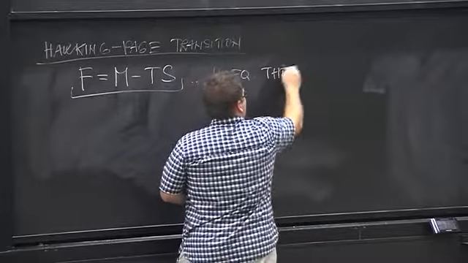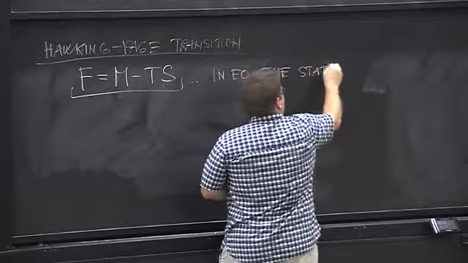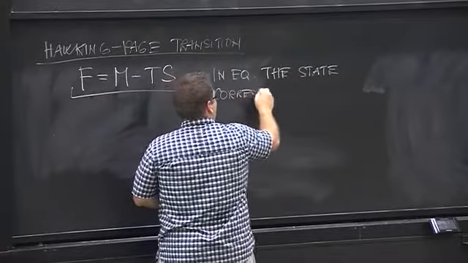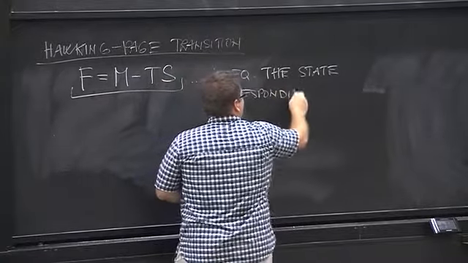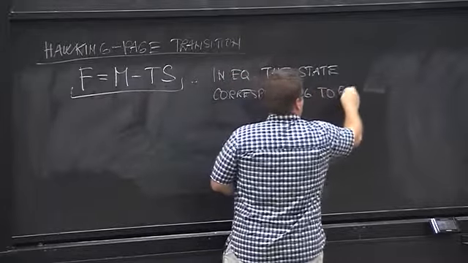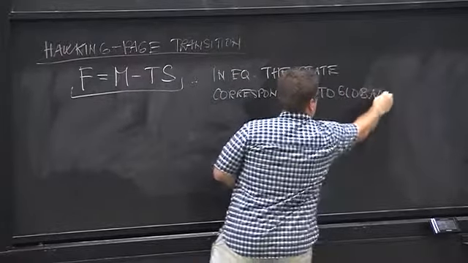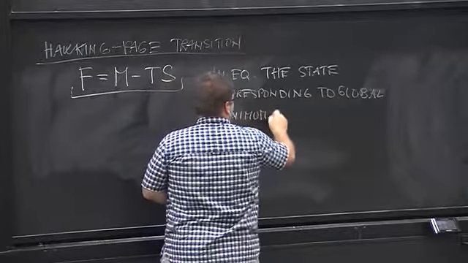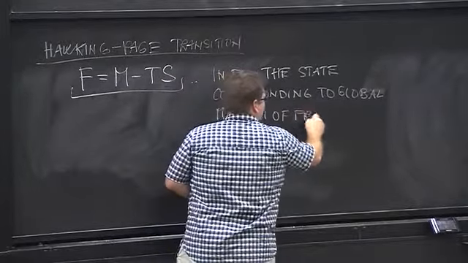Now you can plot this free energy, and you know that in equilibrium, the state corresponding to the global minimum of the free energy is the one which occurs.